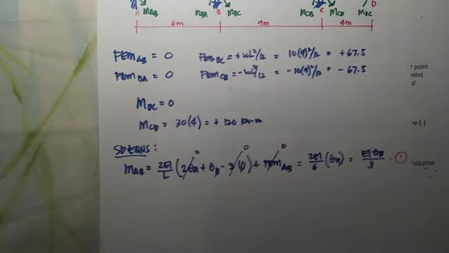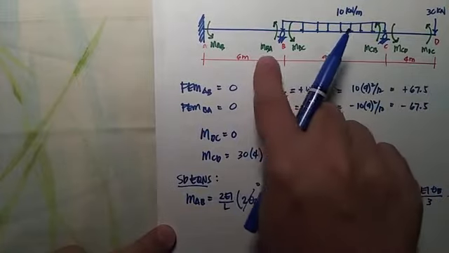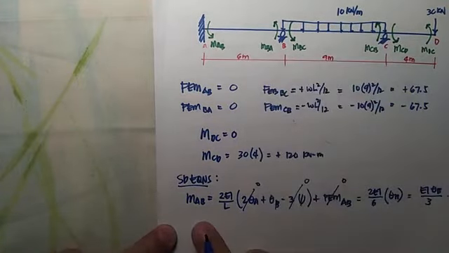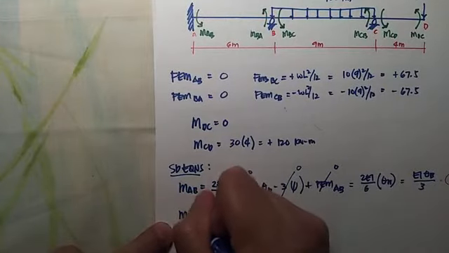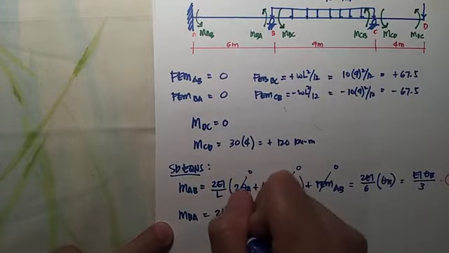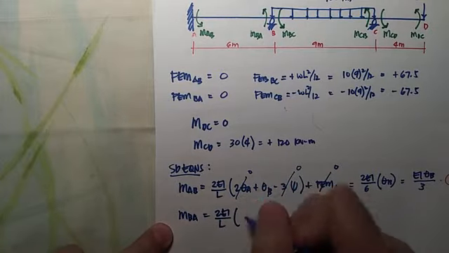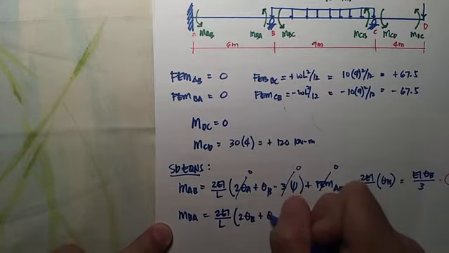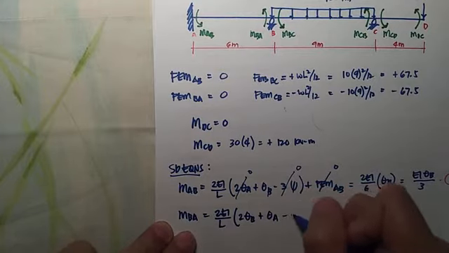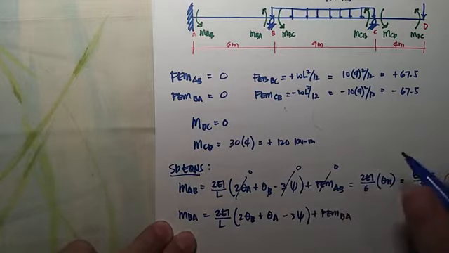Next, what's the next slope deflection equation? That would be based on MBA. MBA is equal to 2EI over L, where B is the near point, times 2 theta B plus theta at the far point A, minus 3 psi, plus the FEM on BA.